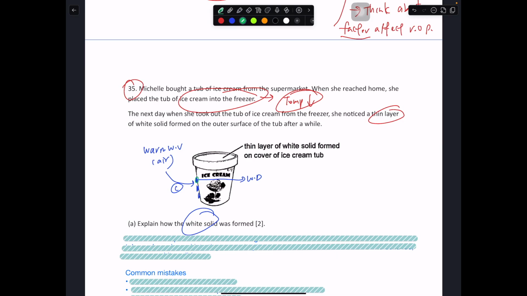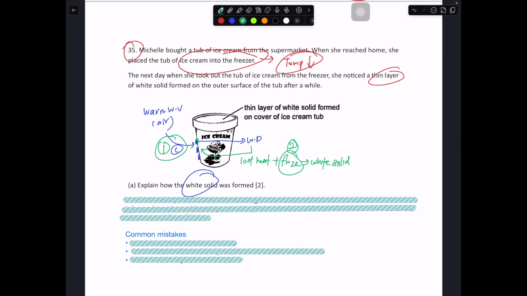Because they're still touching this surface, they lose heat again, and this time round froze into the white solid. So there are actually two processes happening here. The first one is condensation. The second one is freezing. So there are two parts.